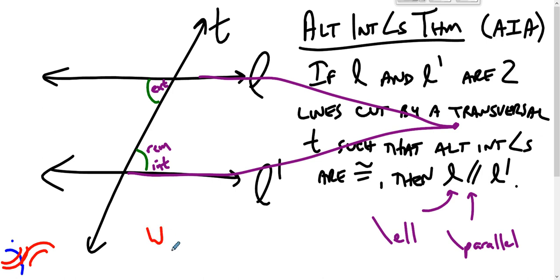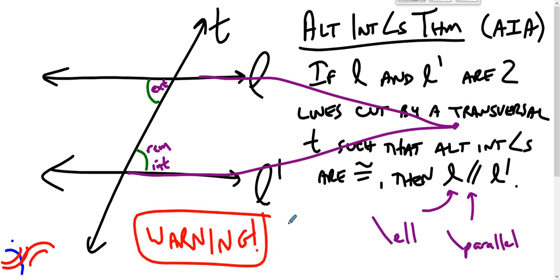Time now for a warning. Warning, warning. The logic here works only one way. If the lines are cut by a transversal such that the alternate interior angles are congruent, then the lines are parallel.